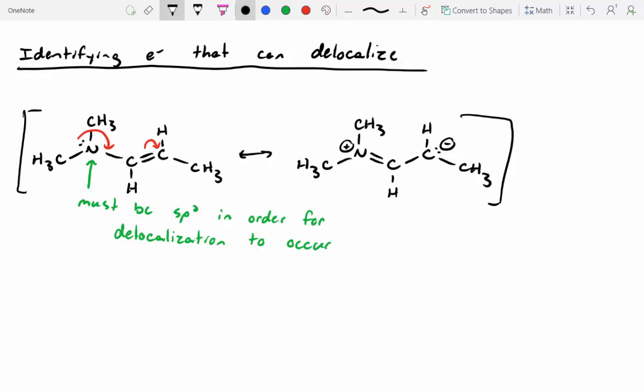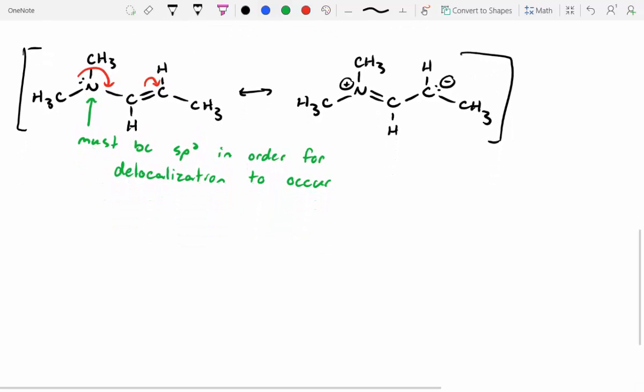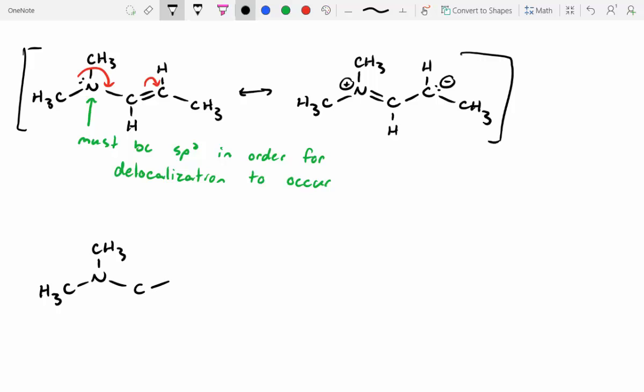Let's take a look at an analog that looks pretty similar. Same backbone. However, we've got 2 hydrogens coming off here, 2 hydrogens coming off here. Got our lone pair.